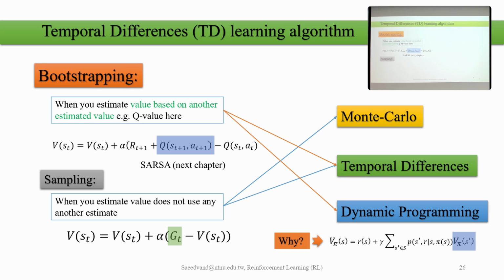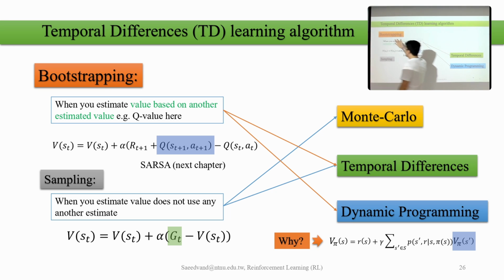For example, here the Q of state t plus 1 and action t plus 1 is another estimate that we have already made. This is another estimate that we read in order to update something. So that's called bootstrapping, and this term is related to SARSA. I'm not explaining it now. We will discuss it completely in the next chapter, and also see pretty nice examples.